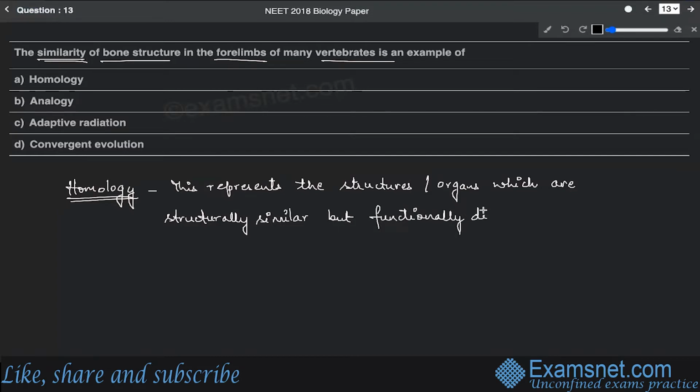Now, why are they functionally different?